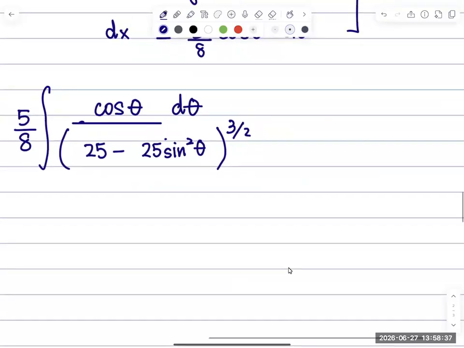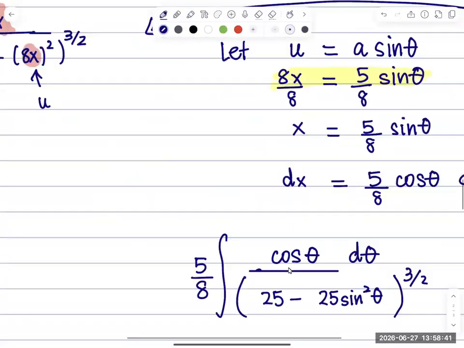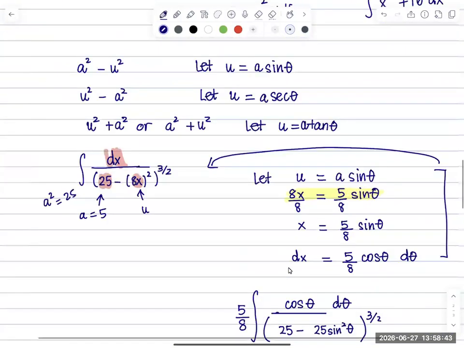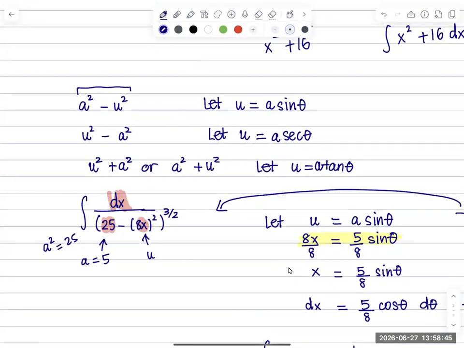Now, what is the purpose of trig sub? We're going to turn anything that is two terms, a squared minus u squared, into just one term squared. That is the purpose of trig sub.